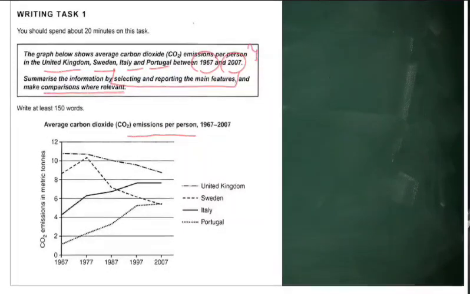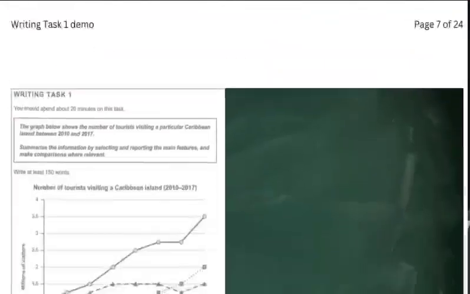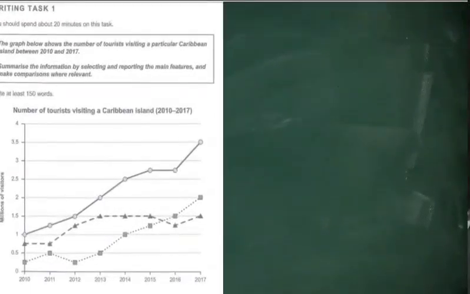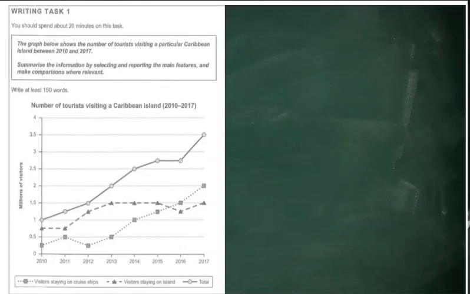So again, let's go to another example. Here we have a singular one, and this is about a range of years, 2010 to 2017. The topic given is the number of tourists visiting a particular Caribbean island.